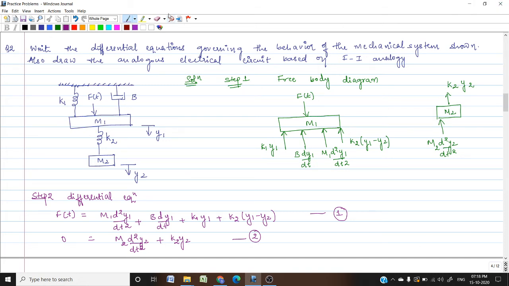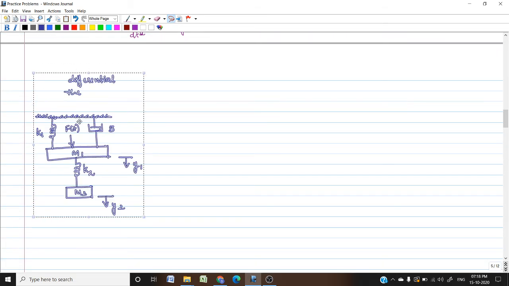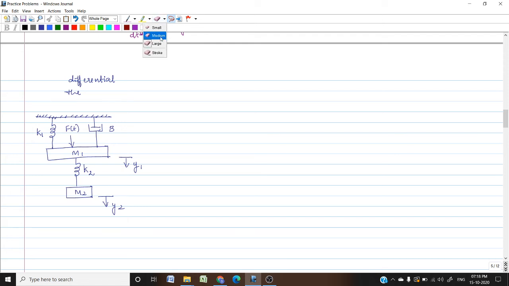For that, I'll just redraw this here. Instead of redrawing, I've just copy pasted. Okay, so now we have this mechanical system. We need to draw the electrical circuit with respect to the force current analogy.